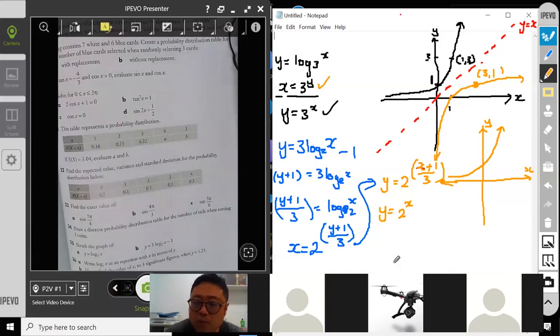What would y equals 2 to the x plus 1 look like? It'd be the same, moved 1 unit to the left. Yes, 1 unit to the left, so it would kind of look like this.